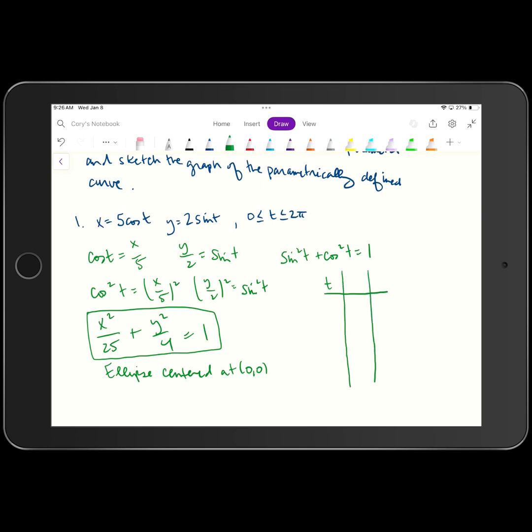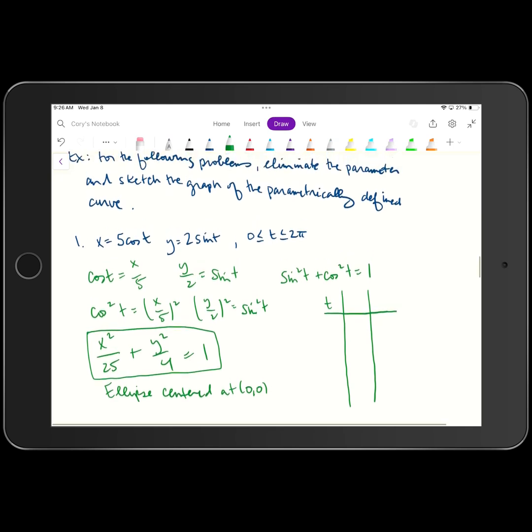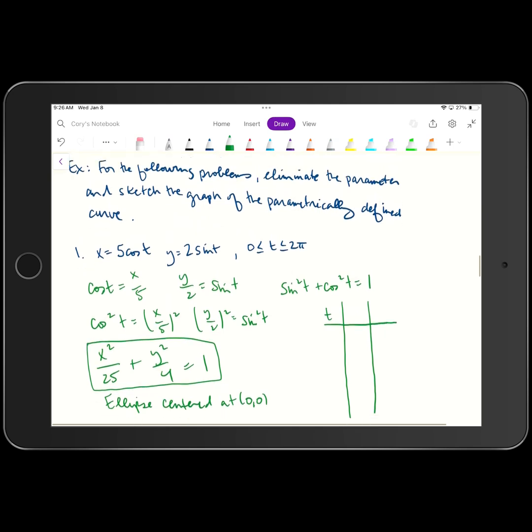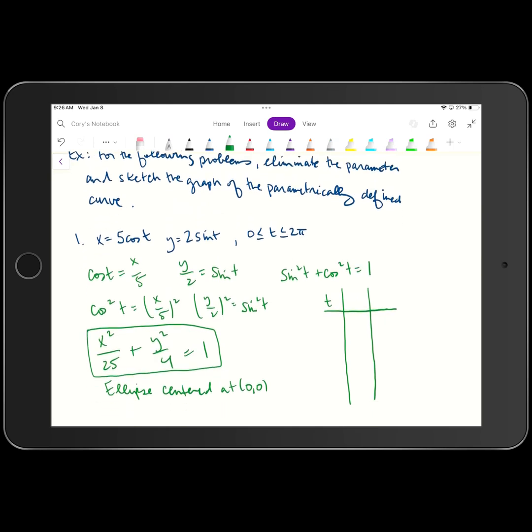Now, as we mentioned in the last video, usually when you are graphing a parametrically defined curve, we want to pick a handful of values to find the x and y coordinates at particular t values. When we look at the interval in this problem from 0 to 2 pi, I think our best incremental change for t values is going to be pi over 2.